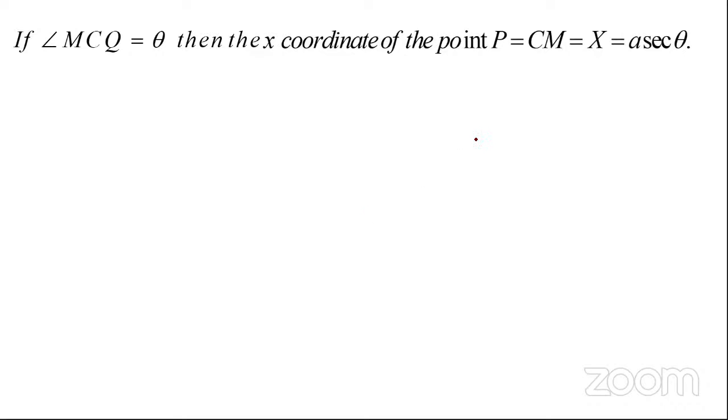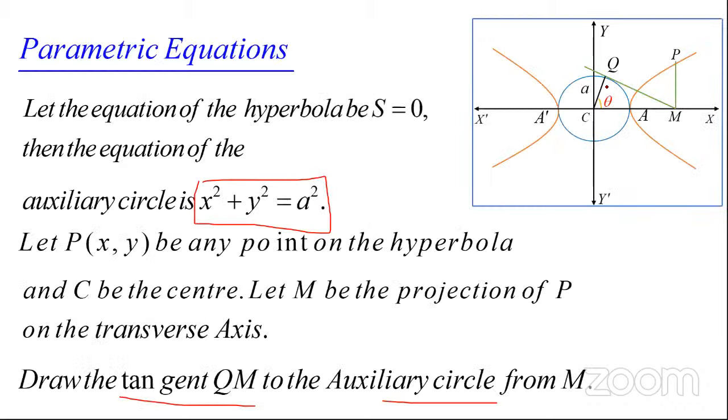The x coordinate of P is nothing but CM, equal to x, equal to a secant theta. So see here, I'm taking this diagram like this. This point is C, and this point is Q and this is M, with angle theta.